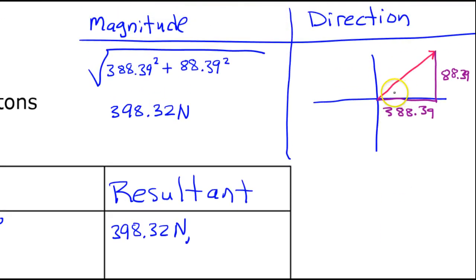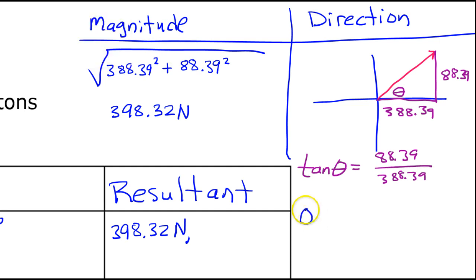So we can easily find the direction, theta, using tangent. So the tangent of theta will equal 88.39 over 388.39.